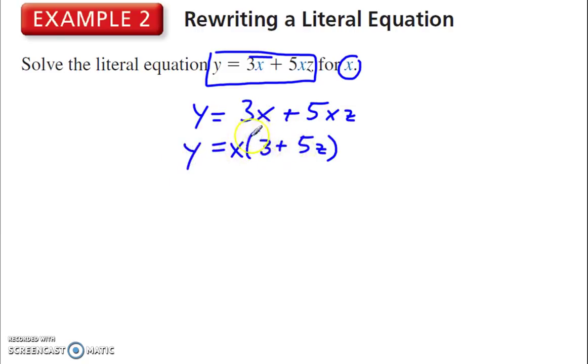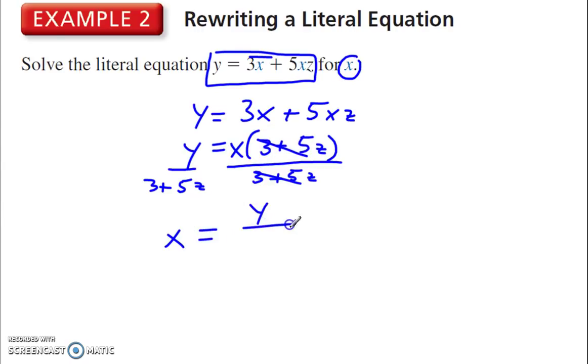Now x is being multiplied by this whole expression, so I'm going to divide the entire side by that expression, by 3 plus 5z. It's important that z doesn't make this 0, because you can't divide by 0. So just pay attention to that. You can never divide by 0. So now we have x is equal to y over 3 plus 5z.